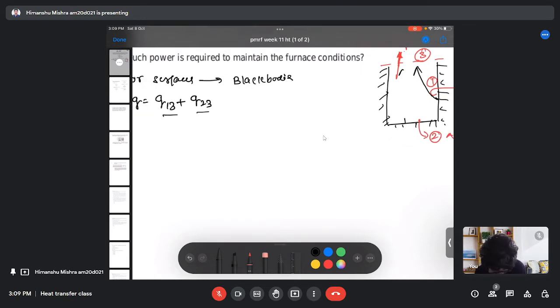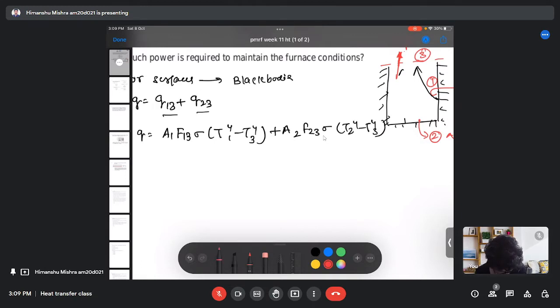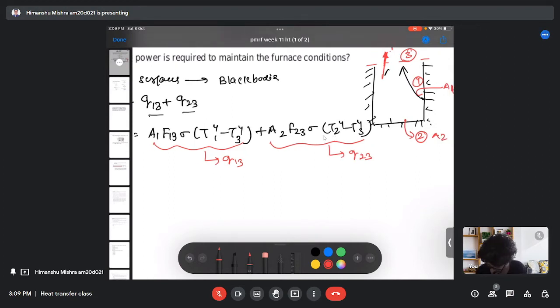So the heat transfer will be given as: this is the heat transfer from surface 1, and this is the heat transfer from surface 2, the bottom surface. So we need to find the view factors F13 and F23.